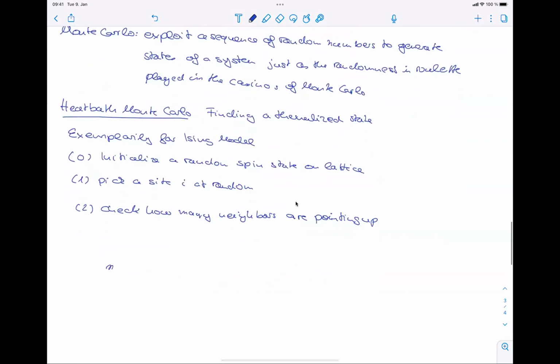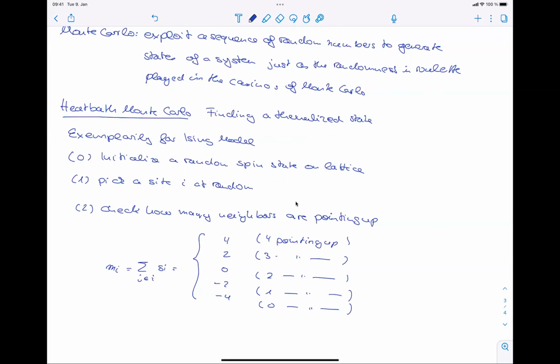So that would be calculating the local magnetization by summing over all neighbors of i, and that can be, thinking about a square lattice, 4, 2, 0, -2, -4. So that would be 4 neighbors pointing up, 3 pointing up, 2 pointing up, the rest pointing down obviously, 1 pointing up, 0 pointing up.